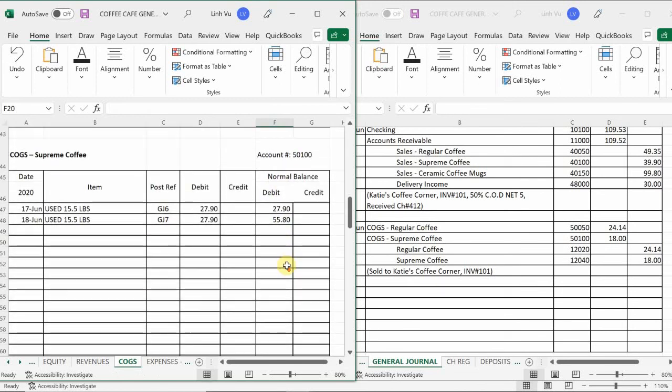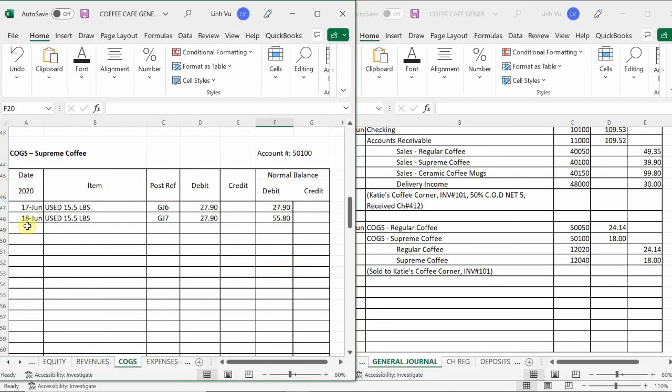What about my cost of goods sold for Supreme coffee? How many pounds did I sell? We sold 10 pounds, right? For $18.